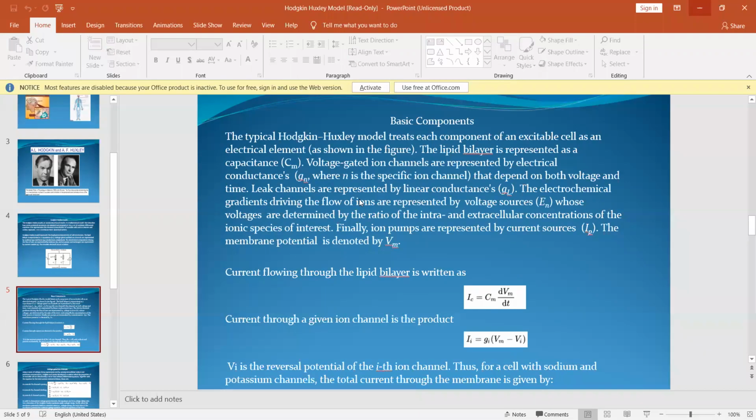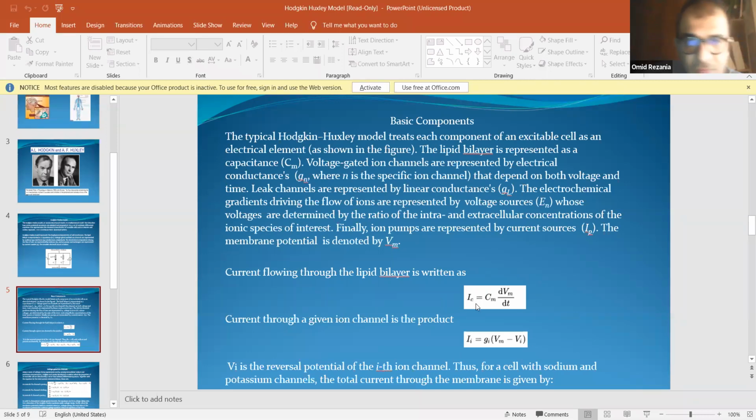The current flowing through the lipid bilayer is written as this formula. So what does that formula represent? The current flowing through the lipid bilayer is written like this.